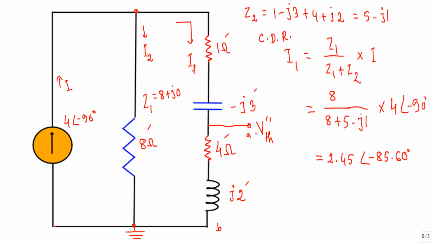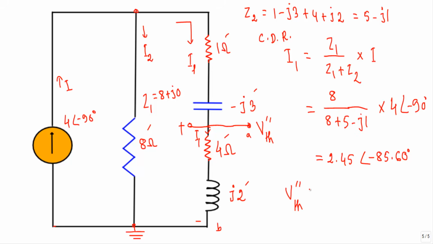Now see, VTH double prime is the voltage across this 4 ohm and this J2 inductive reactance. I know the value of current flowing through this path, I1. I1 is entering from this direction, so this A terminal will be positive and this B terminal will be negative. So what will be our VTH double prime?